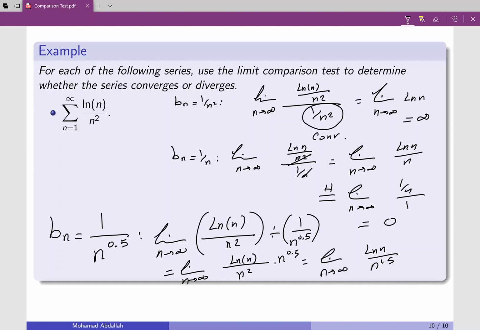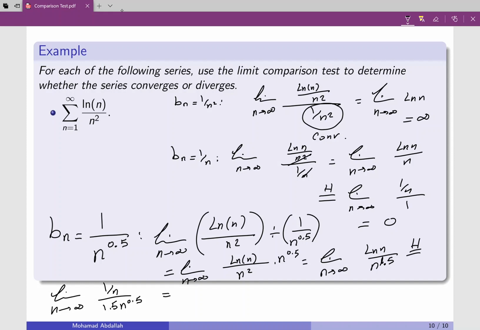Now take the derivative, the L'Hopital's rule. So this is going to be the limit when n goes to infinity of 1 over n divided by 1.5 n to the power 1.5 minus 1, so 0.5.